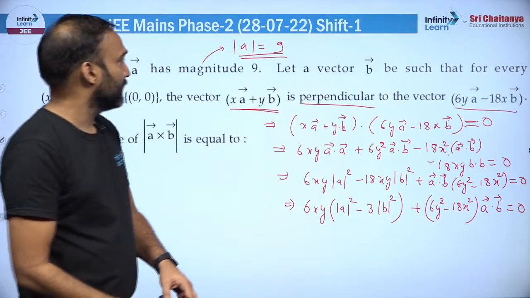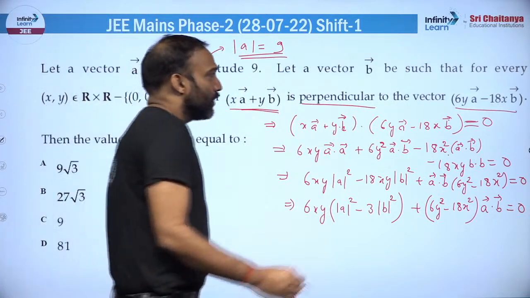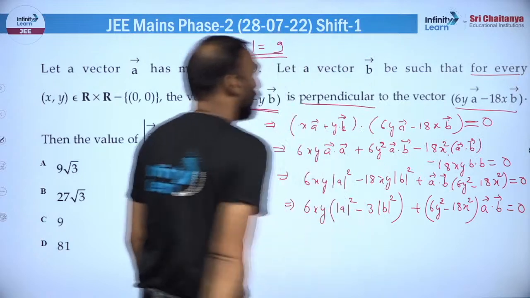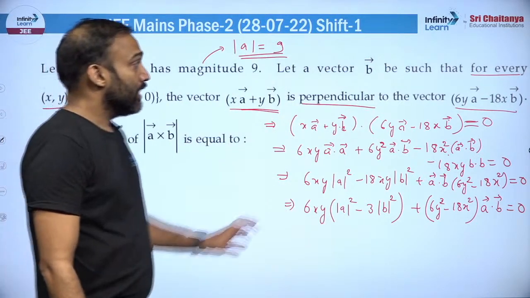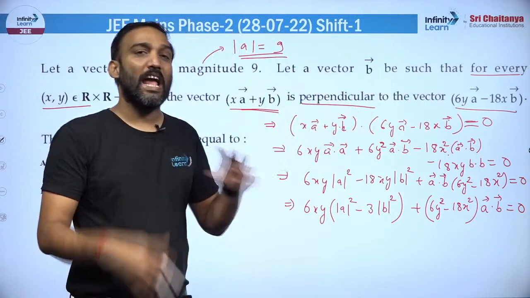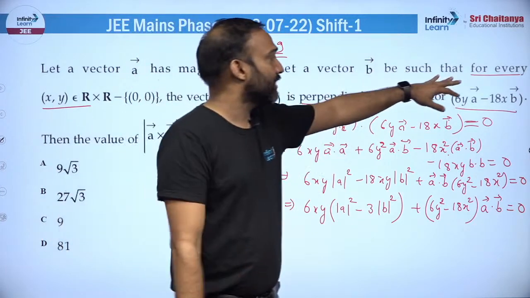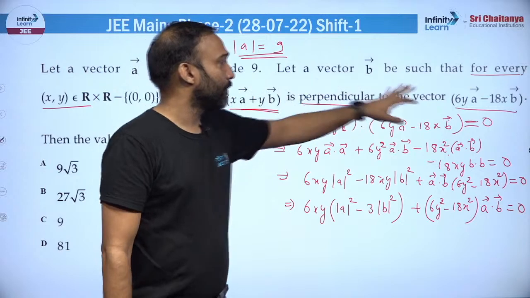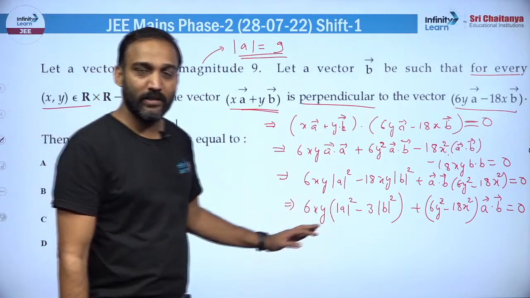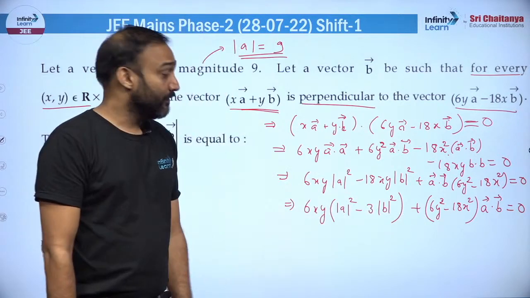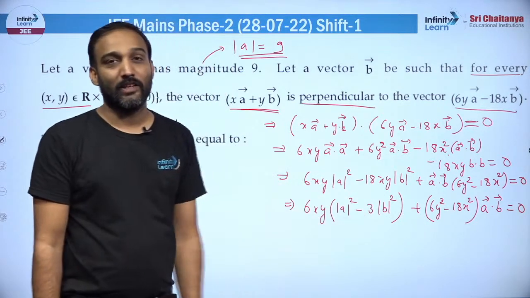Now I have this equation. Now see, over here it is written for every x comma y, which means this should hold true for any x and y. No matter what x and y I put, this has to be perpendicular to this, which means no matter what x and y I put, this equation should hold true, which means this equation is independent of x and y.